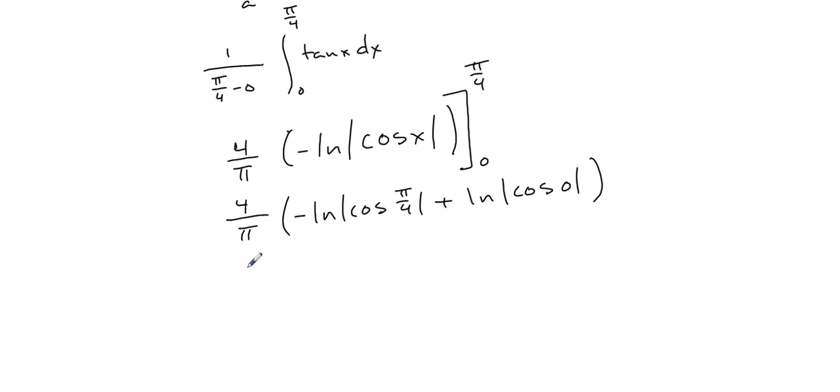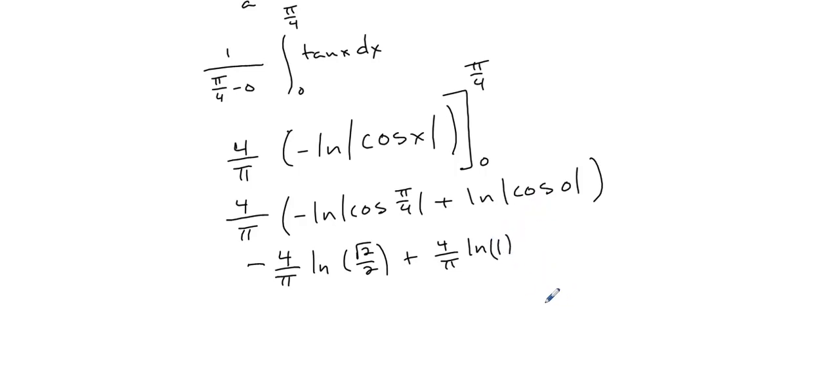All right, so we have negative 4 over pi, natural log, cosine pi over 4 is root 2 over 2. Do we need absolute value for root 2 over 2? Plus 4 over pi times natural log of cosine 0, which is 1.